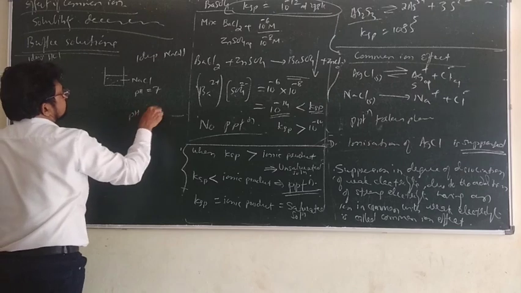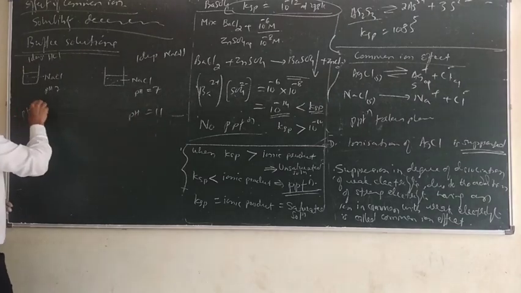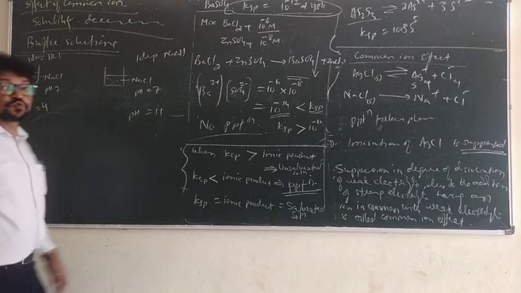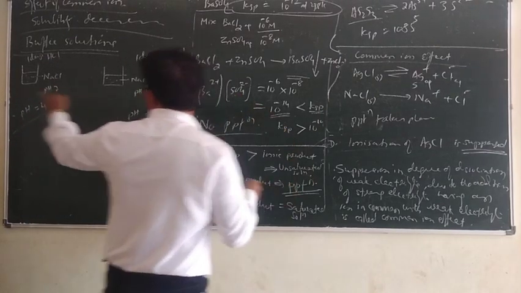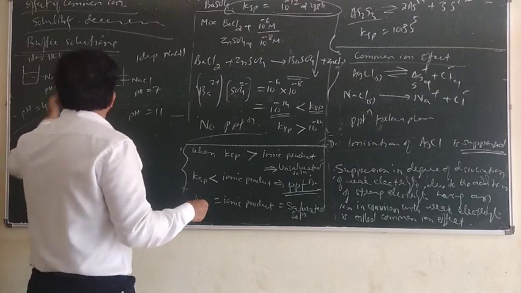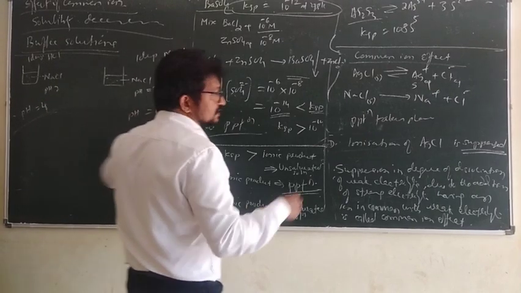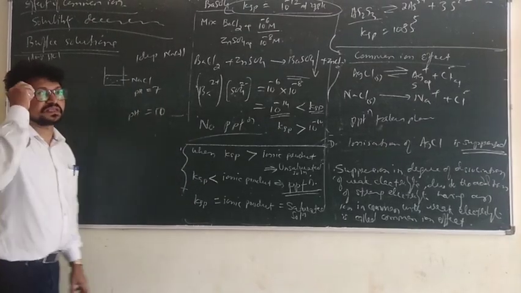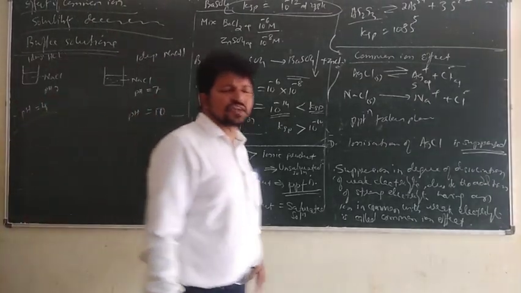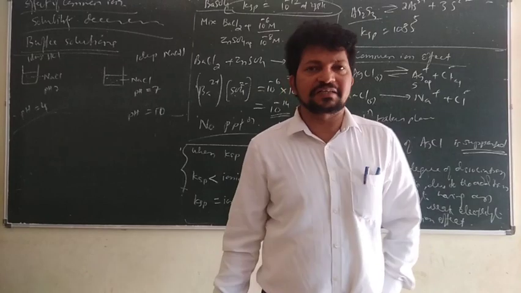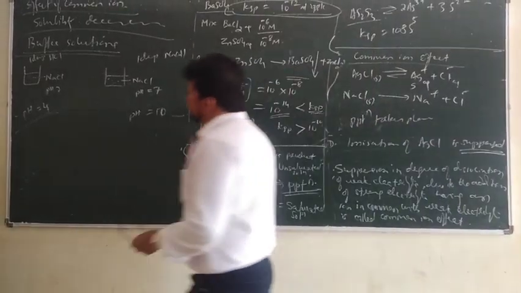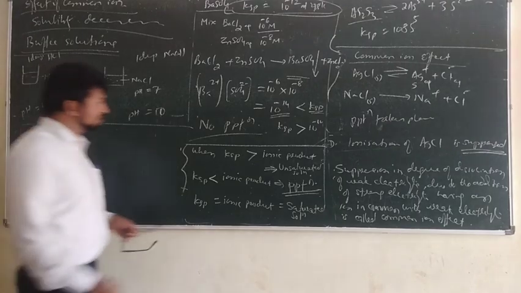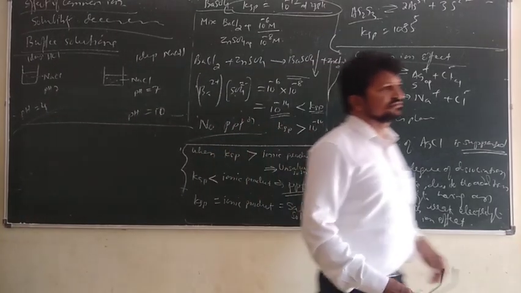Here pH becomes 11, here pH becomes 4, or 3. The hydrogen ion concentration decreases 1000 times, and here increases 1000 times. By adding a single drop of HCl or NaOH, the pH is changing that much.